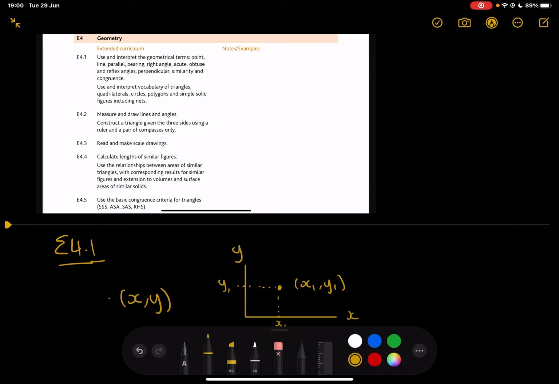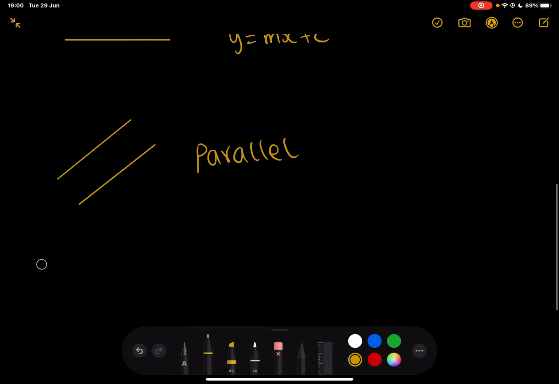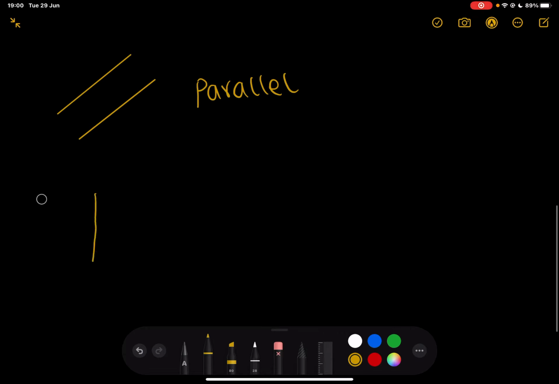So I'll do parallel and perpendicular. Lines that go like this are parallel, and lines that go like this are perpendicular.